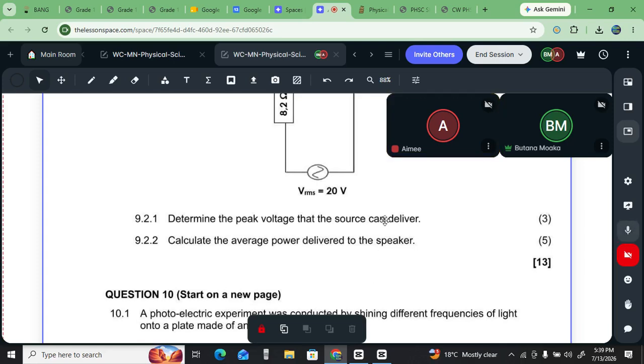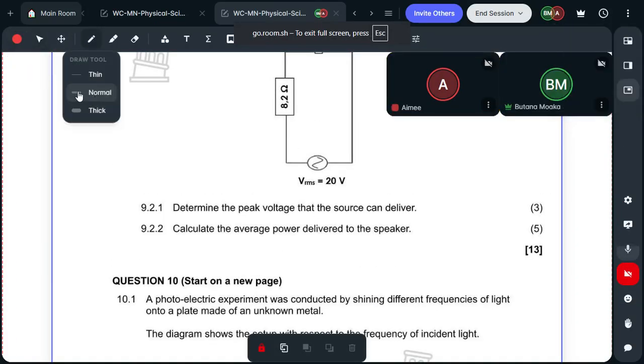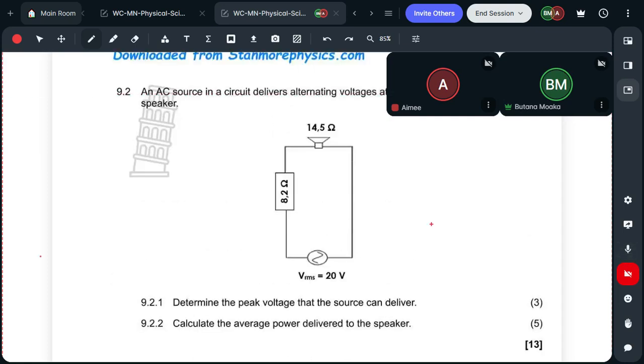I think I did tell you that it's going to be average. Can you read the question? It says determine the average power. So yes, we use average. That one is confirmed.